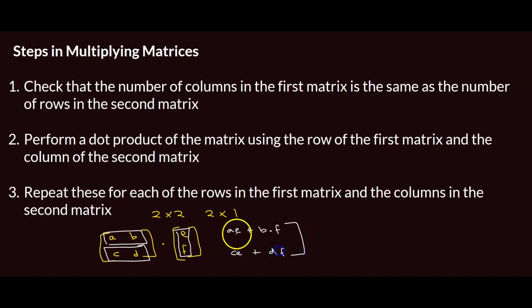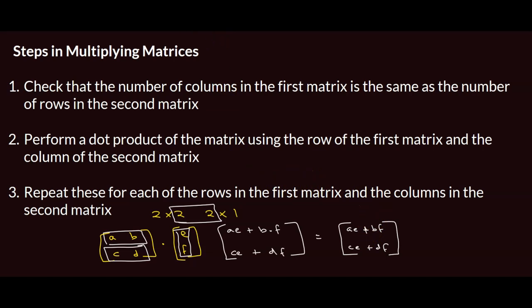So you can see here that our matrix is actually going to look like this: AE plus BF, CE plus DF. Look at what we have right here. Remember, this is important, these are the same. So we have a 2 by 1 matrix, so we have 2 rows and just a single column. So this is why we need to pay attention to the rules that we discussed earlier.